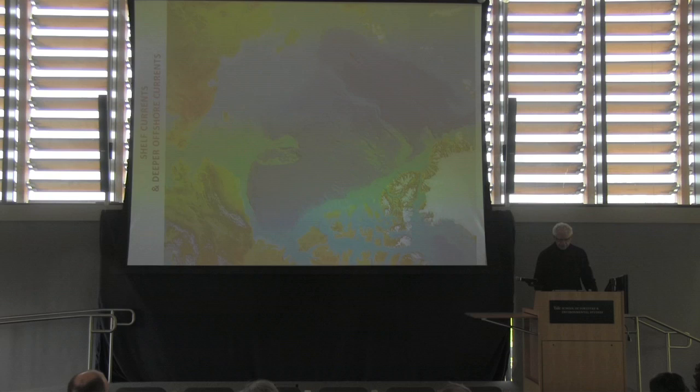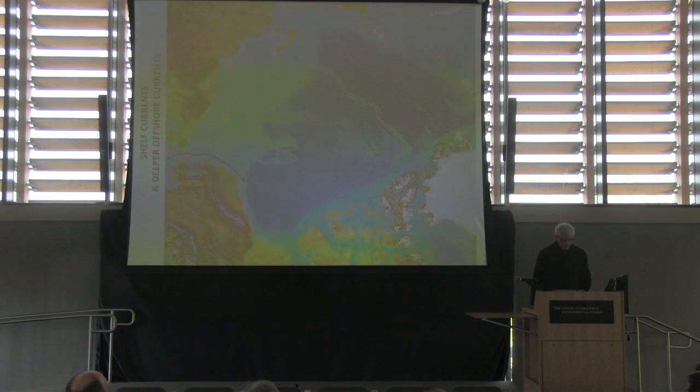Now I'm going to talk a little bit about circulation, because circulation plays a big role in ice movement, as well as the winds. The winds dominate, but we still have to talk about circulation. This is a map of the Arctic, and what we see here is some of the shelf circulation and deeper offshore.